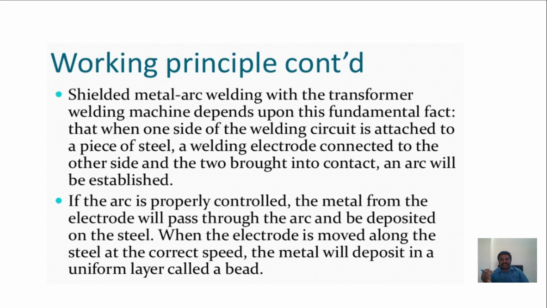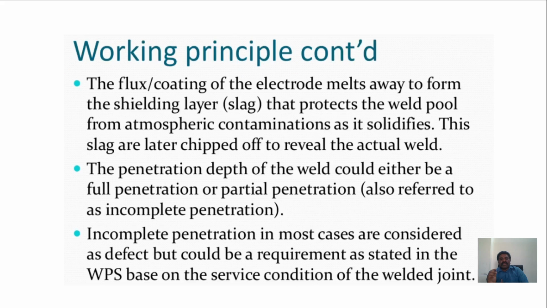The flux is a shielding layer that protects the weld pool from atmospheric contamination while it solidifies. The slag formed above the weld pool is removed using a chipping hammer.